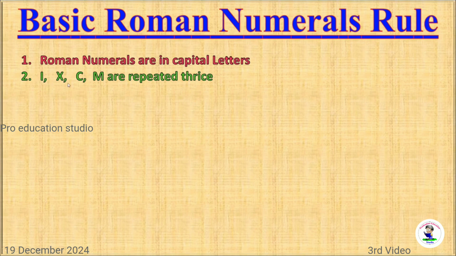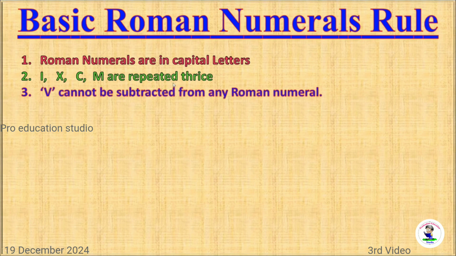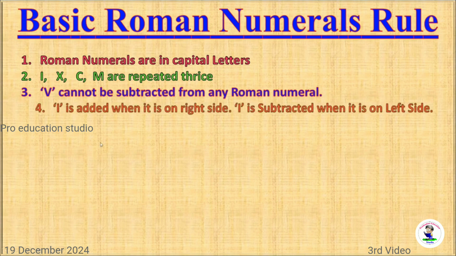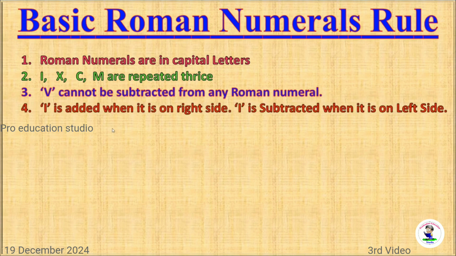Second one, I, X, C, M can be repeated up to three times. Third, V, L, D cannot be subtracted from any number. Fourth, I is added when it is on the right side. We subtract when it is on the left side.